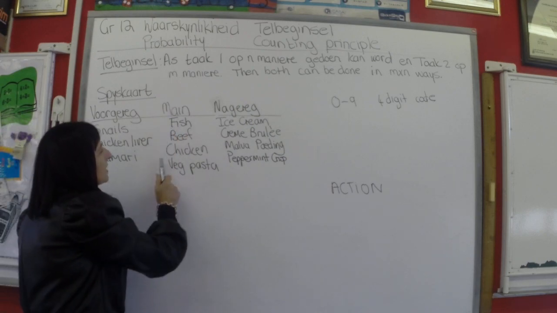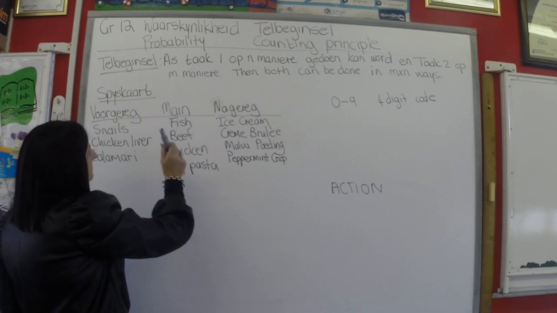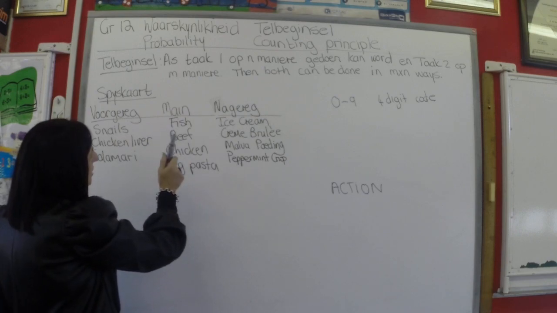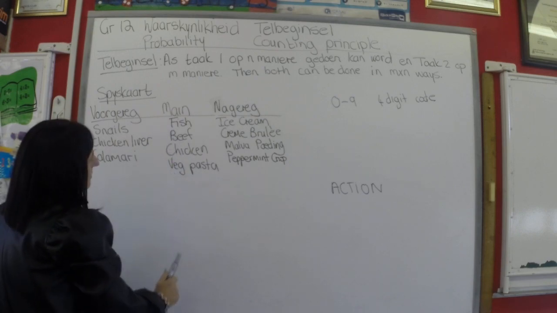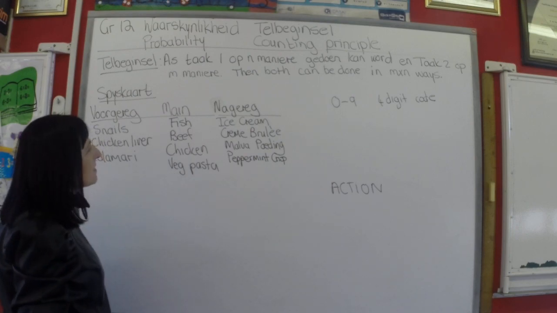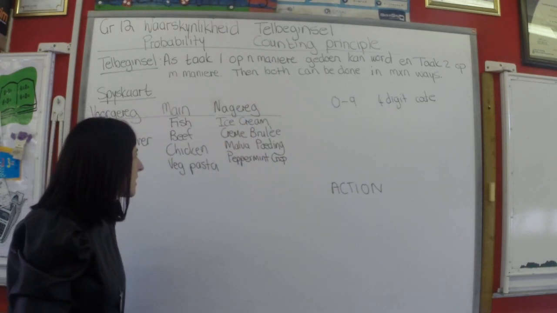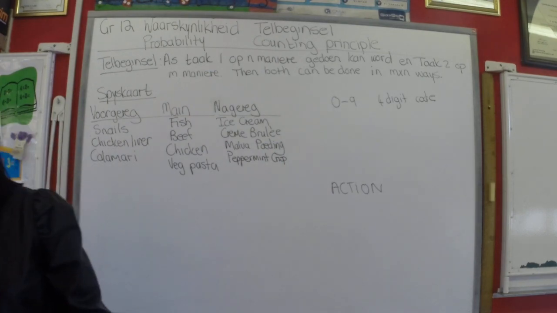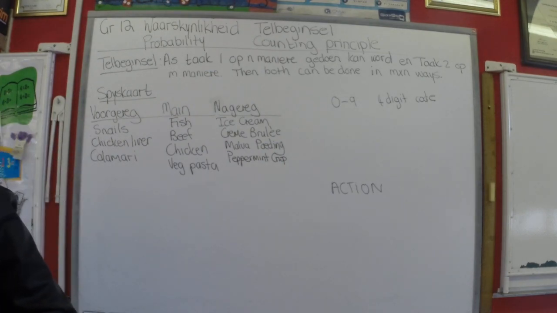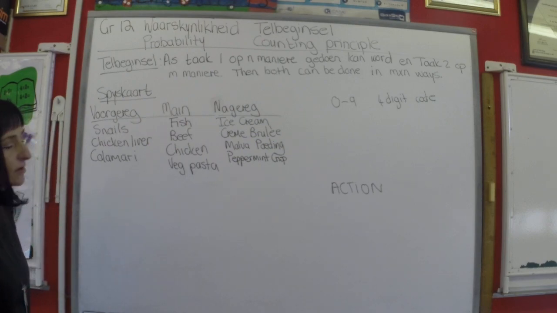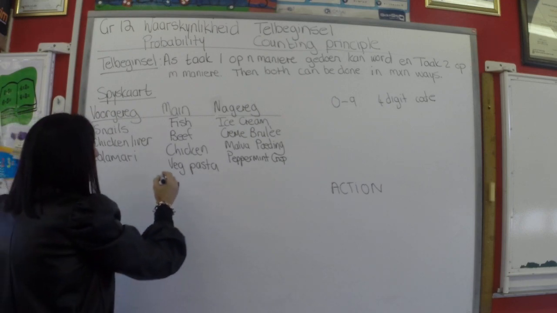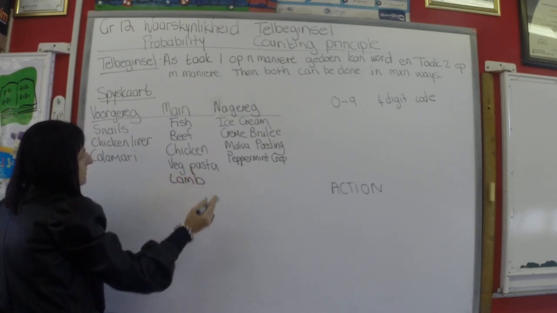Dan kan ons 'n hoofgereg eet van vis, beesvleis, hoender of vegetable or vegetarian pasta, and then we can have desserts of ice cream, creme brulee, malva pudding or peppermint crisp tart. So die eerste ding wat daar gevra word, hoeveel verskillende kombinasies kan ons uit hierdie spyskaart maak?